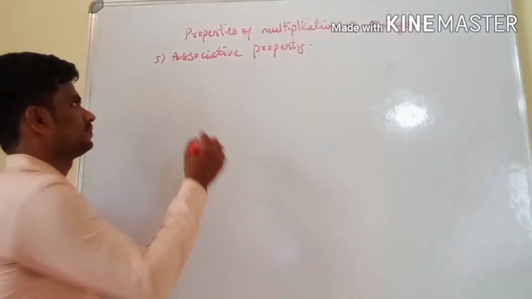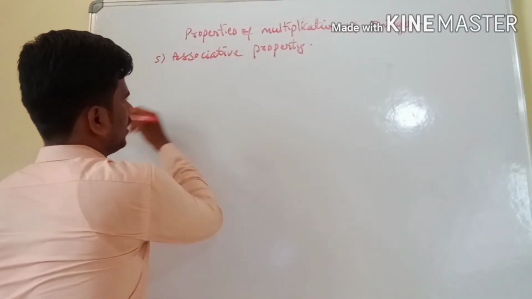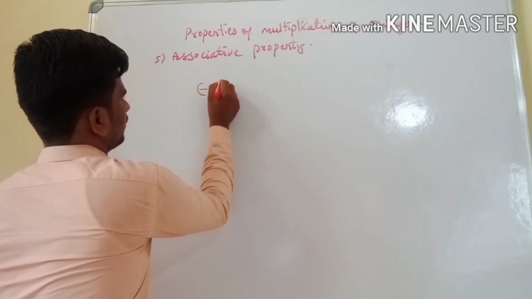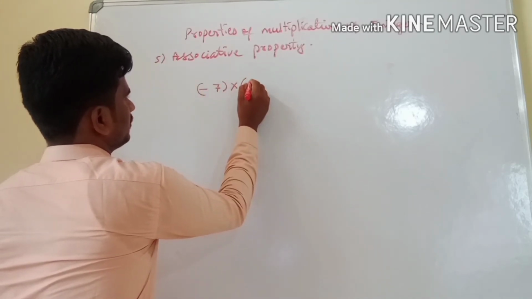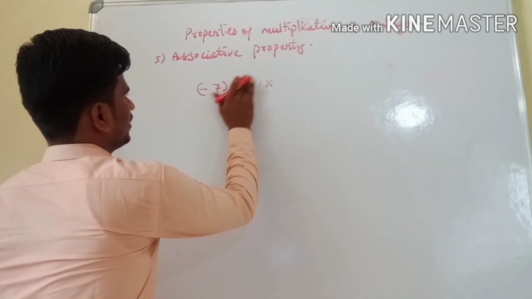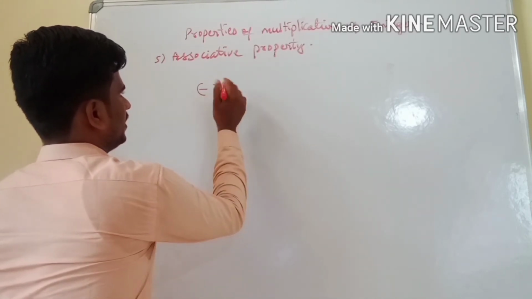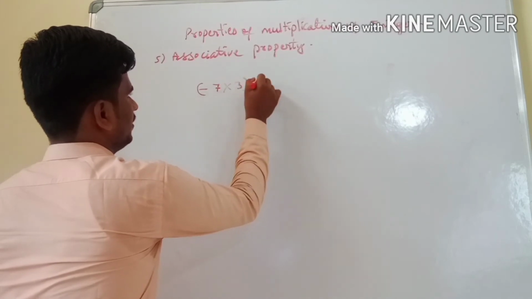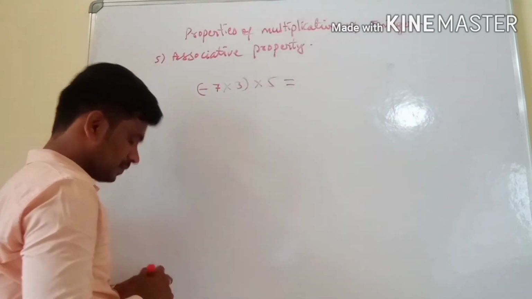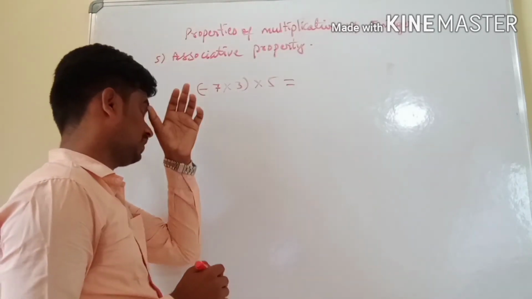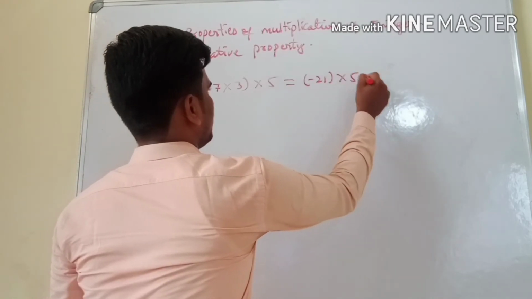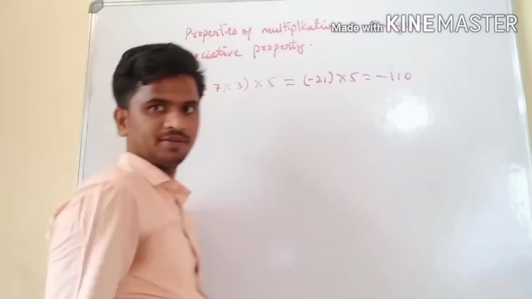For example, I will consider minus 7 into 3 into 5. So what is the value of this one? We can write minus 7 into 3 is minus 21, into 5, its value will be minus 105.